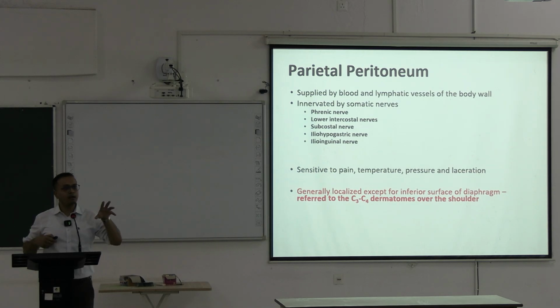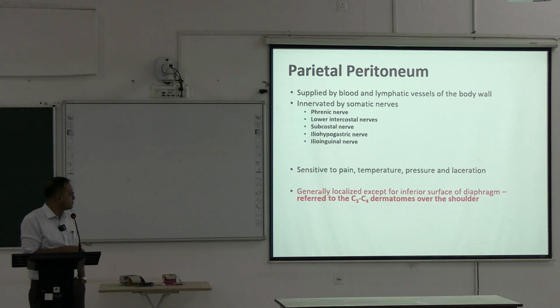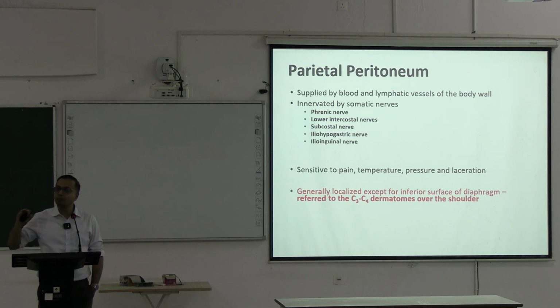So any pain from irritation of the undersurface of the diaphragm will be referred to the tip of the shoulder. If pain is localized around the C3, C4 dermatome on the tip of the shoulder, it is probably related to the diaphragm or this region of the abdomen.